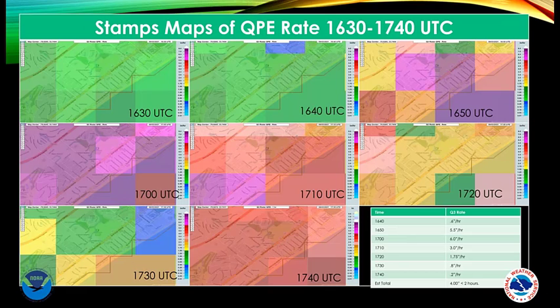Now, last thing I want to show here is the precip rate, the QPE rate from MRMS, and I did these every 10 minutes, and you can see it's 1630. It started at about 0.6 inches per hour at 1640. At 17Z, it looks like it got about 6 inches per hour, and then it kind of fell back off.